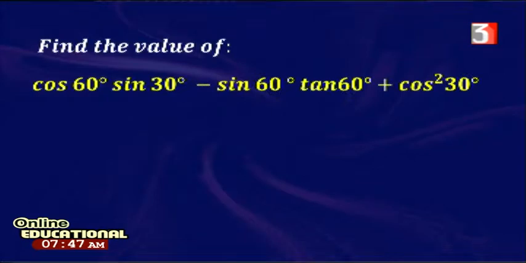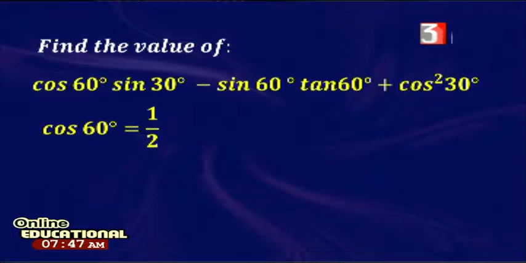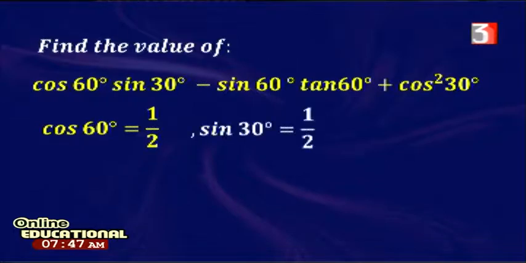Find the value of cosine 60 degrees sine 30 degrees minus sine 60 degrees tan 60 degrees plus cosine squared 30 degrees. As we have studied before, cosine 60 is equal to adjacent over hypotenuse, which gives 1 over 2. What about sine 30? It's opposite over hypotenuse, which gives 1 over 2. Then what about sine 60?